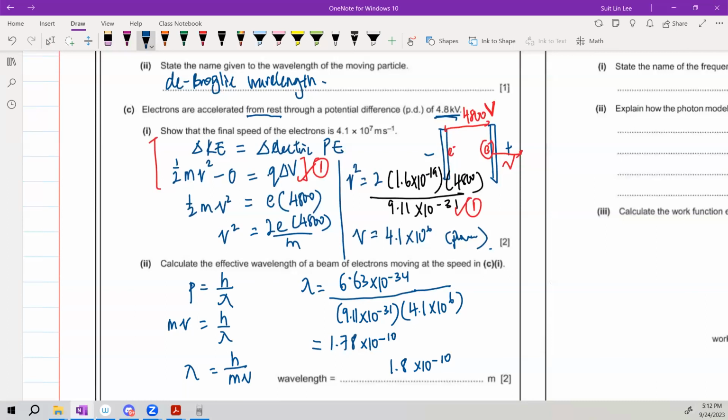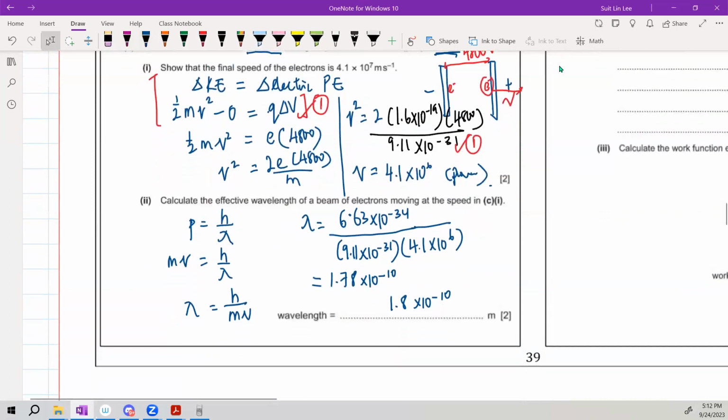So normally for de Broglie wavelengths or wavelengths involving quantum physics, you expect very, very small, like less than 1 nanometer. If you get something really big, that's just very weird.